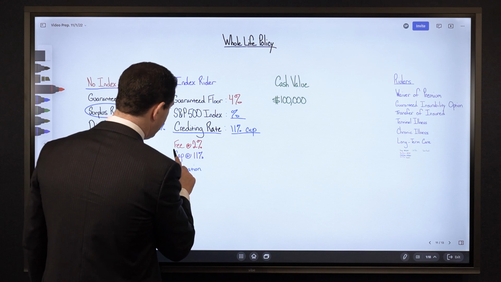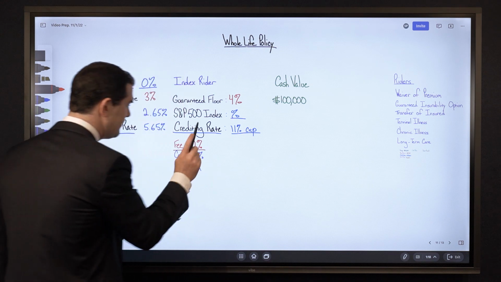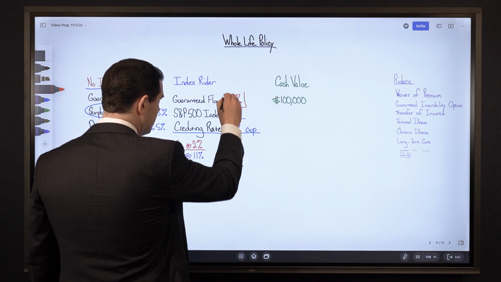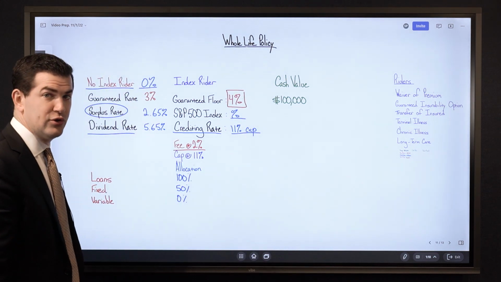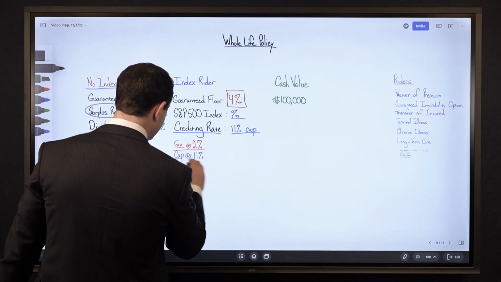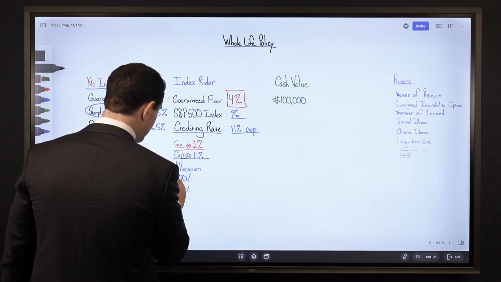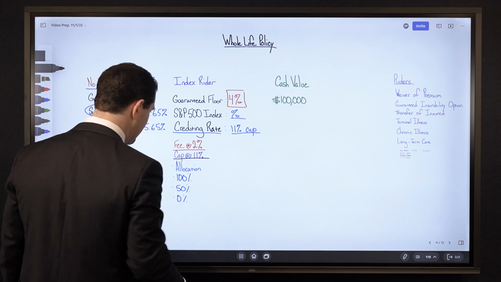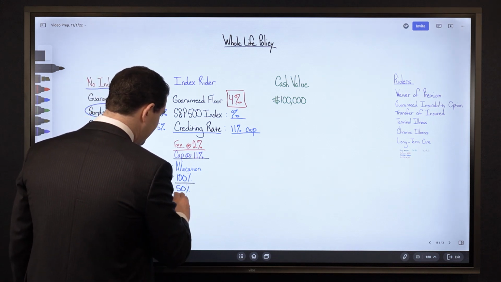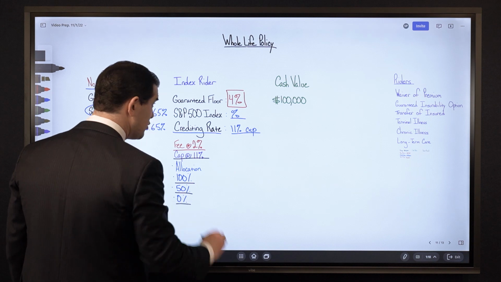We've got a fee if we turn the indexed rider on at 2%, which in many ways brings that floor down to 2% if we look at things right now. Cap, we hit on this already, the 11% cap. Allocation, so what we're going to look at a couple illustrations here with a 100% allocation, 50% allocation, and 0% allocation.